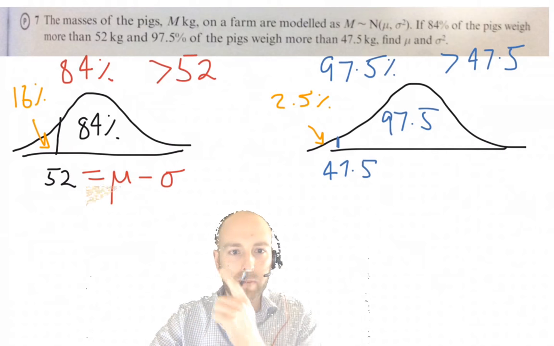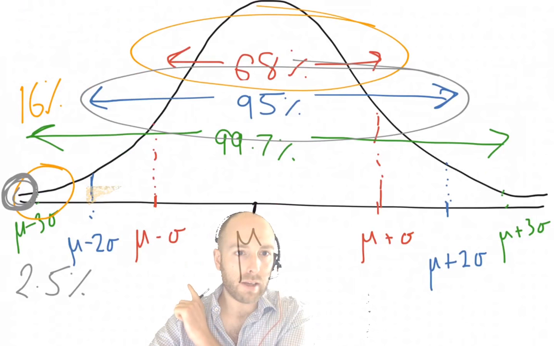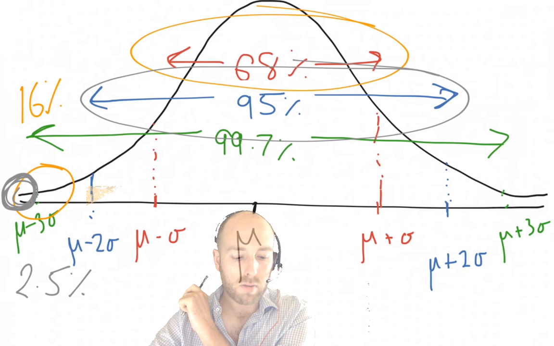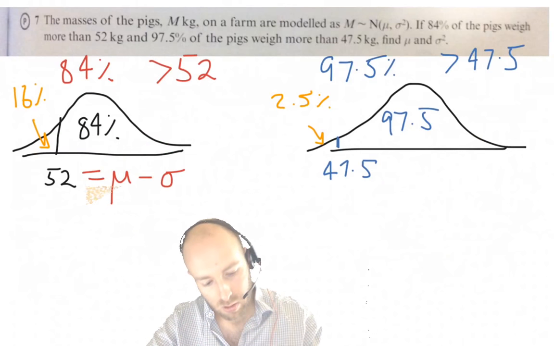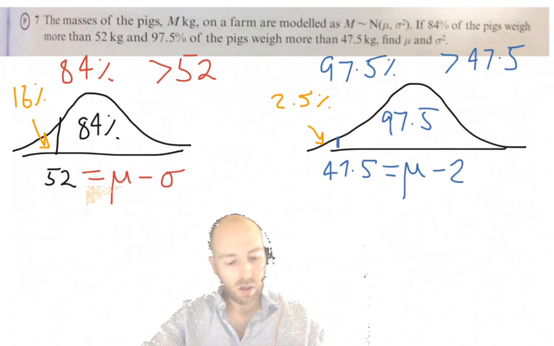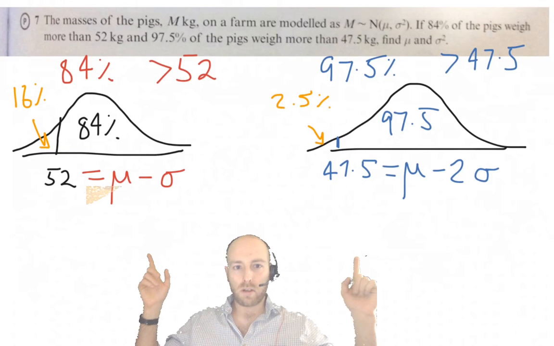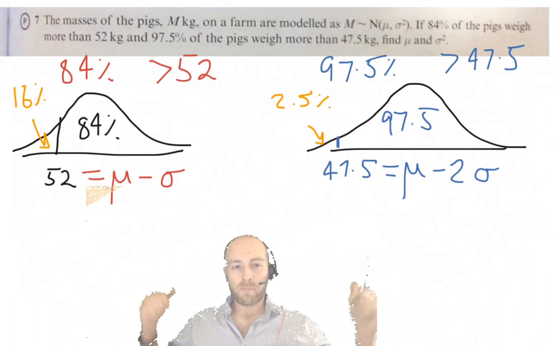And the 2.5% in this one links up with the grey there, 2.5%, which came from mu minus 2 sigma. So if we go back, I know this is mu. Cool.